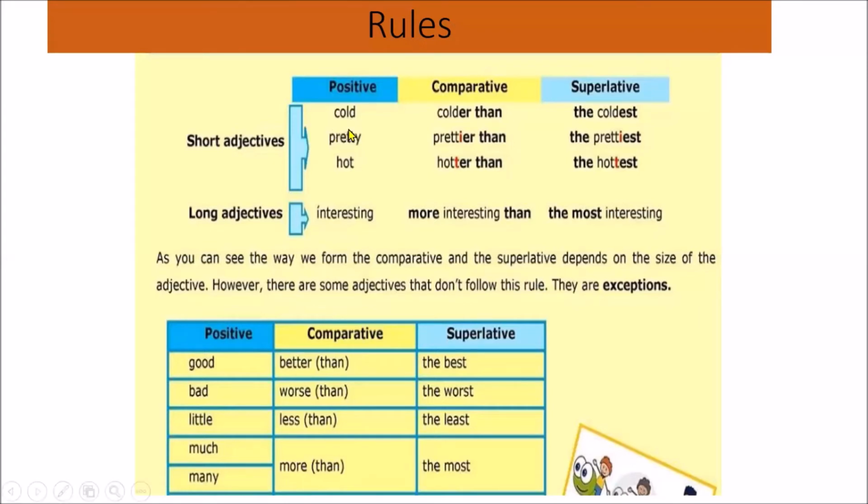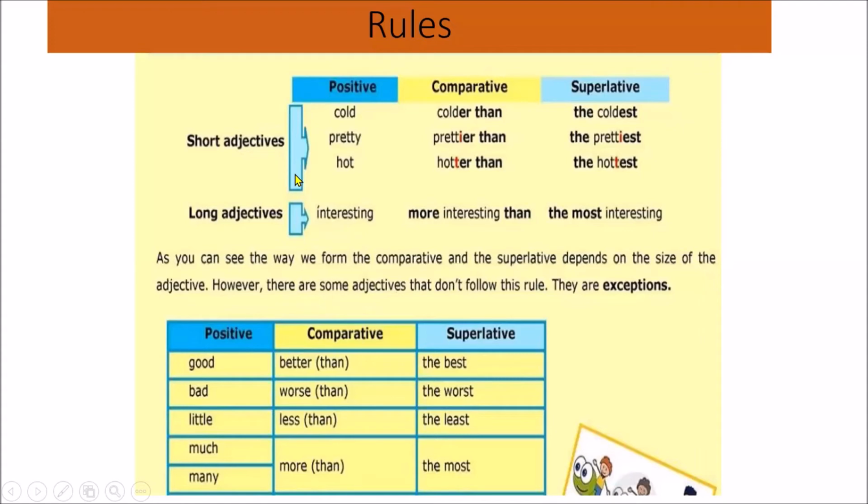For example, here you can see cold. So how do we make the comparative and the superlative from cold? Now see the last letter, you can see my arrow here. If the last letter is a consonant, then for making the comparative form we use ER, and for making the superlative form we use EST.